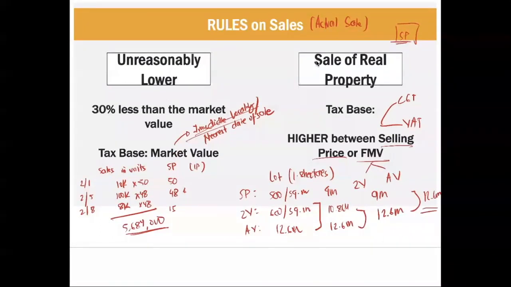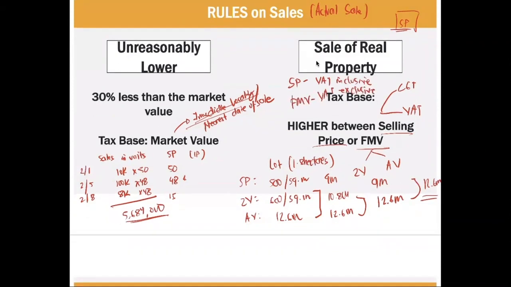But take note, guys, in a sale of real property, the selling price is presumed to be VAT inclusive. But the fair market value is presumed to be VAT exclusive.